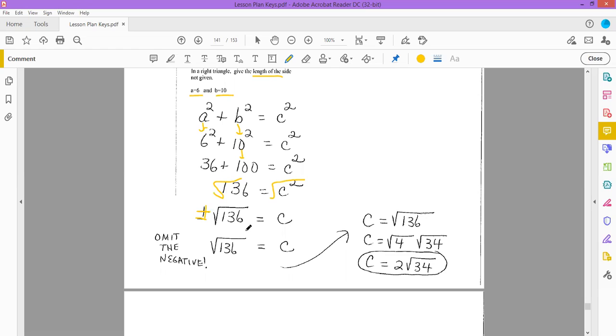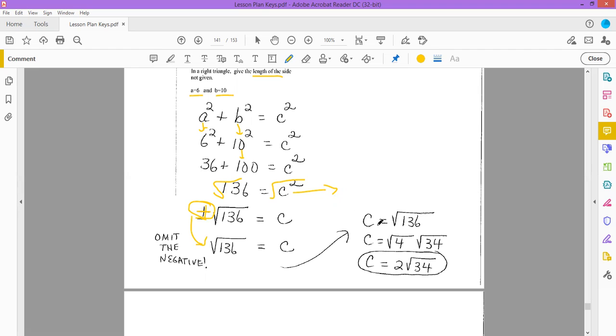The reason why it's plus or minus is because we don't know if the number that we squared was a positive number or a negative number. Because anytime you square a number, you'll wind up with a positive solution, no matter whether that number was positive or negative. So plus or minus the square root of 136 is what we get for C. Now we remove that negative because we know that the length is only a positive value.